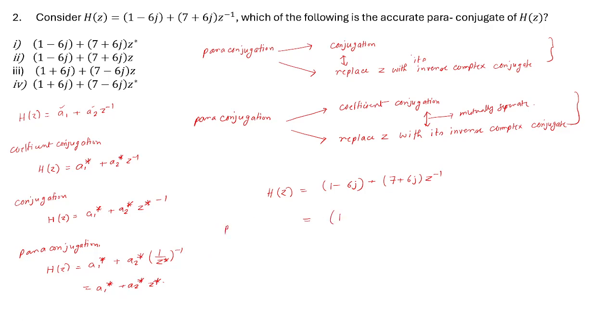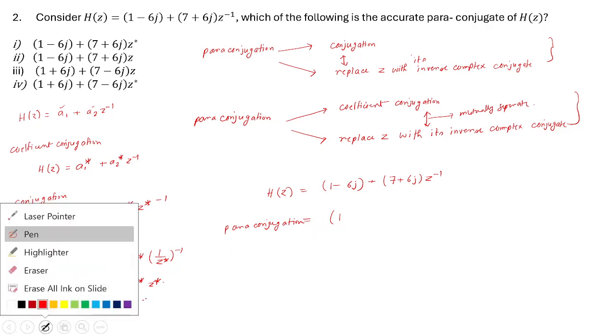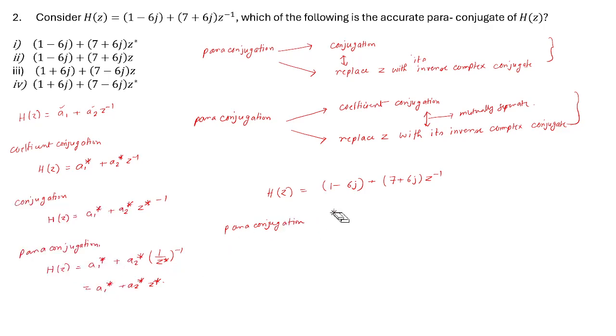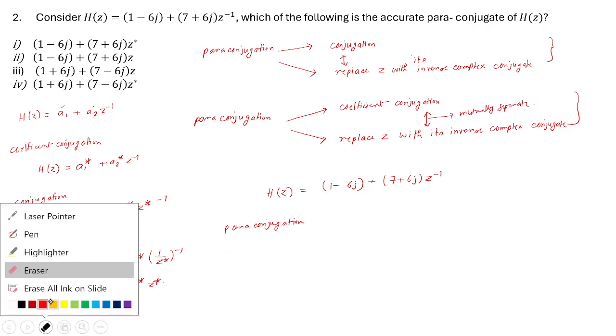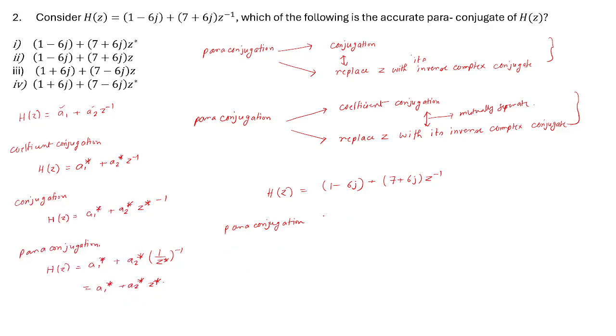Therefore, the paraconjugation, let us denote it as h2 of z, the modified transfer function, of course. As per the notation followed in the lecture, we denote paraconjugation by h tilde of z.